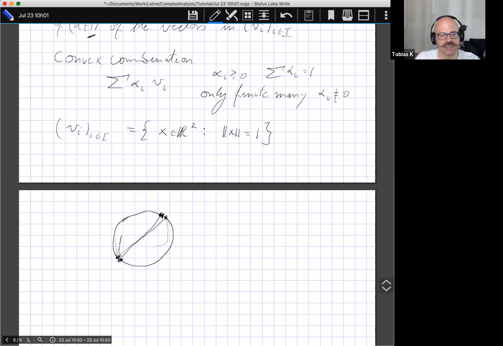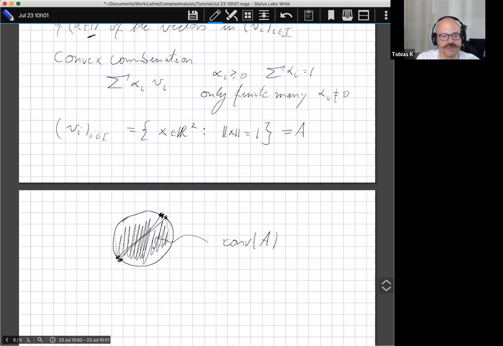So you see that the convex combination, this inside, let me call this set A, the convex hull of A, will be the entire disk. And you see that each vector inside you can actually write as a combination of two.